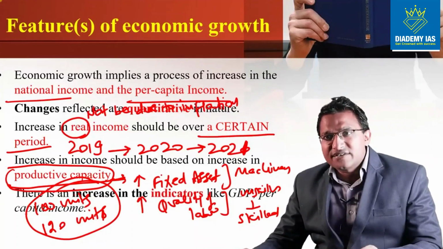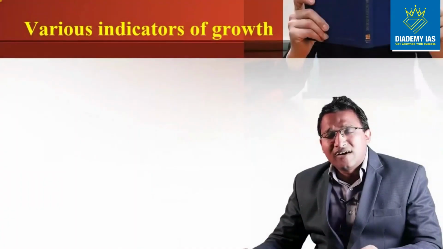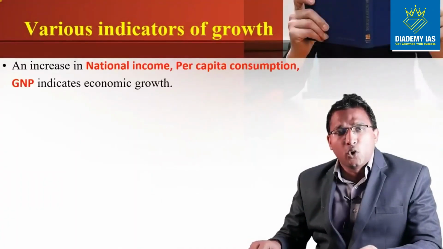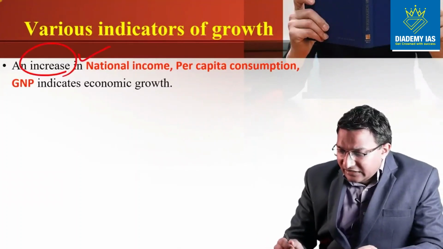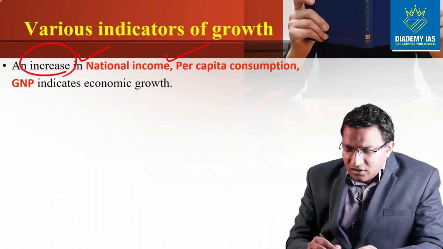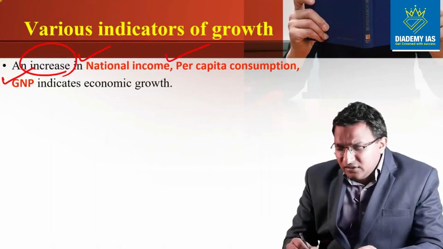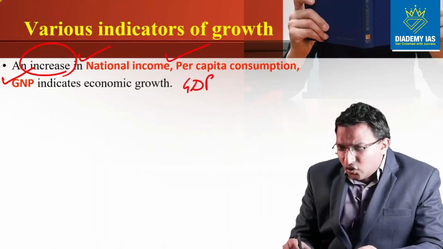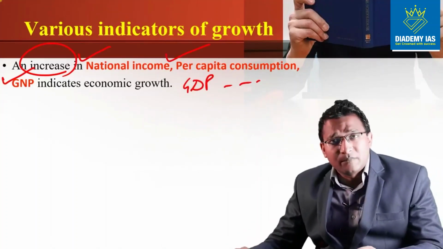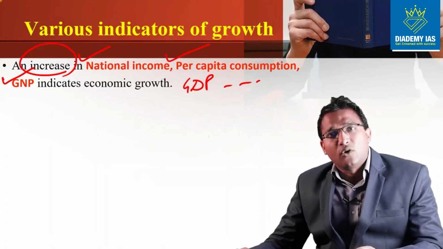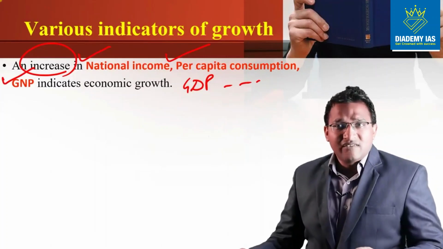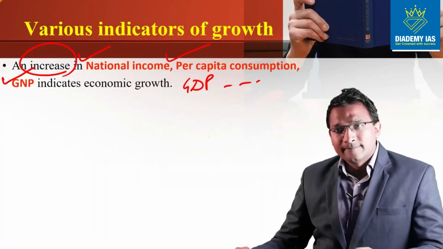Then there are various indicators. What are the various indicators of growth? It can be in the form of increase in the national income, increase in the per capita consumption, GDP, GNP, right, and so on. So there can be different parameters, and we can compare the parameter of the current year with the parameter of the last year, and find out how much is the change, and accordingly that will be the value of the growth.